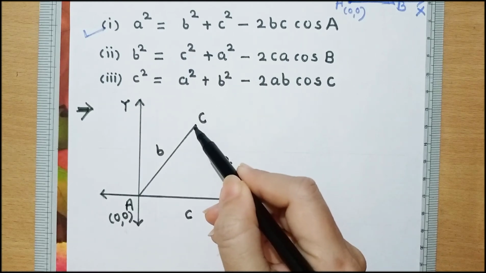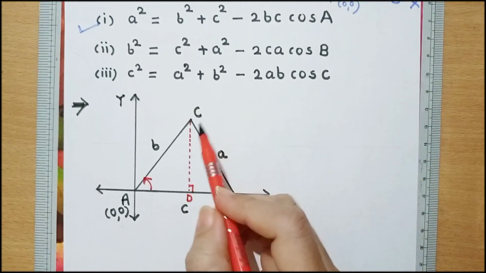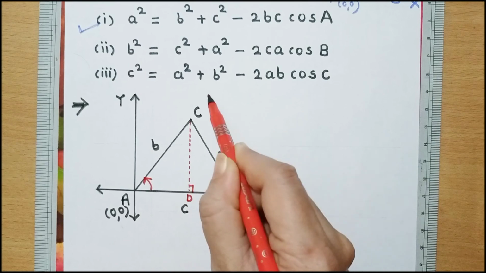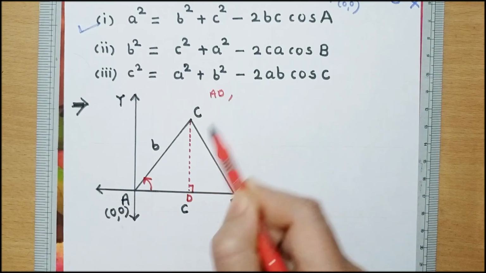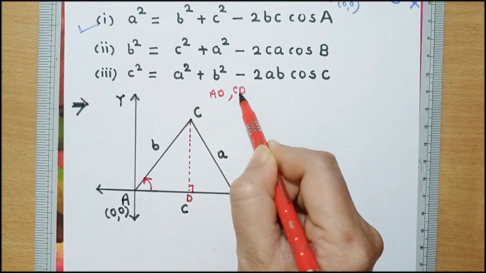So first we will draw a perpendicular on AB. Now look here, x coordinate of C is this length, means this is AD, and y coordinate is this length, that means CD.